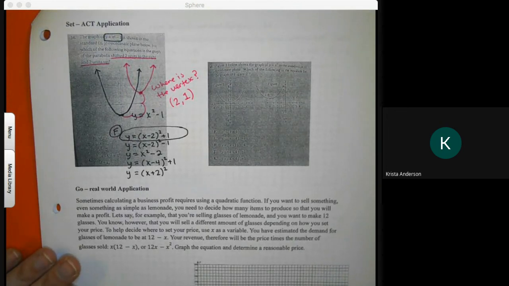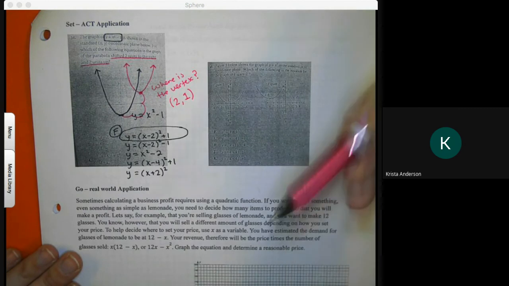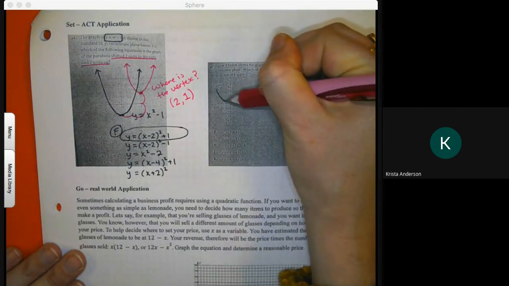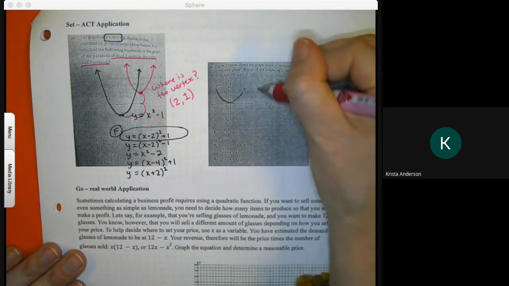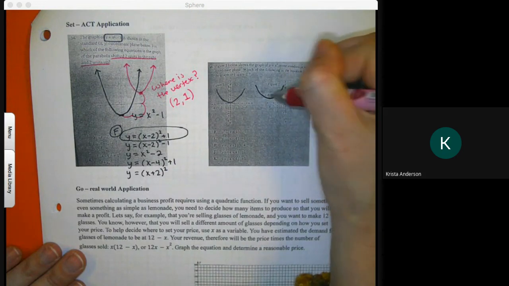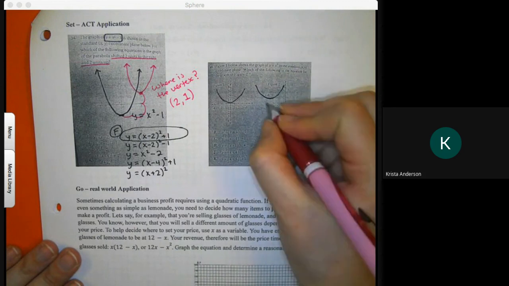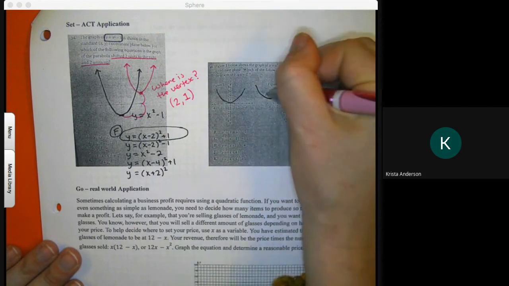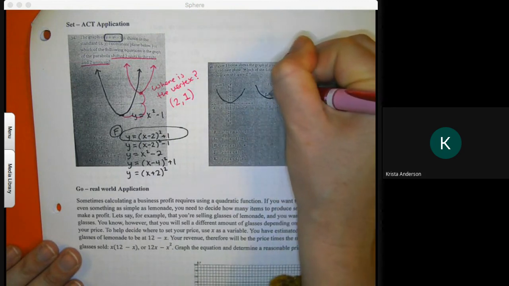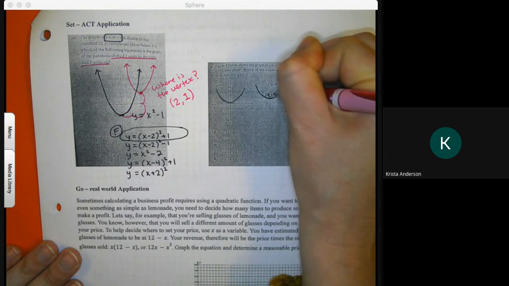The second question is similar. I'm given figure 1. This is figure 2. They've moved it. And it says that it's at -4, 1.